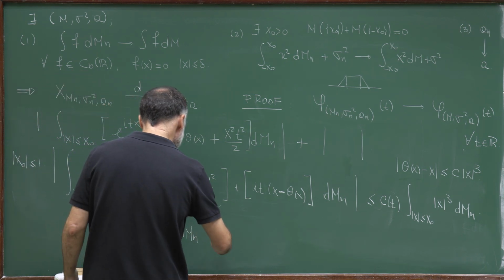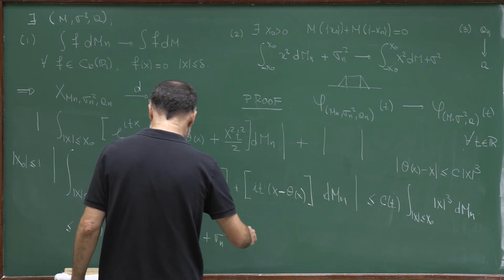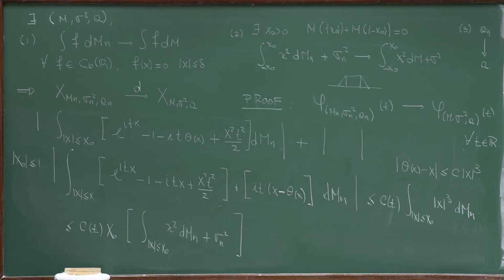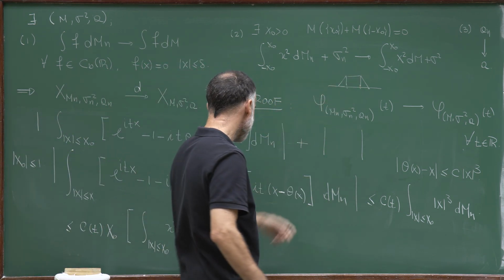Now, of course, I can add here sigma_n squared and use that x squared plus sigma_n squared is converging.